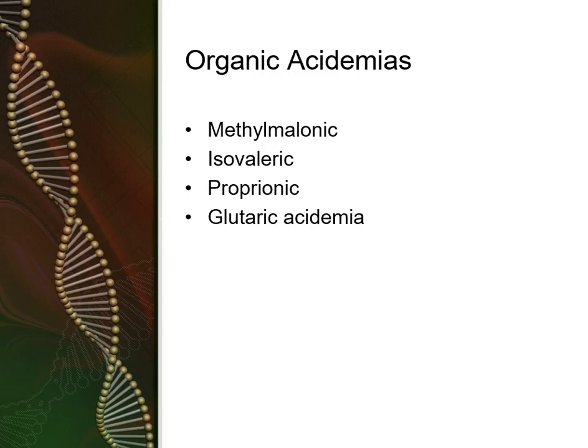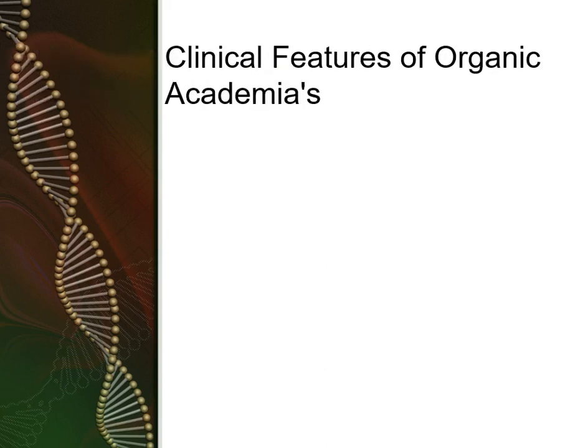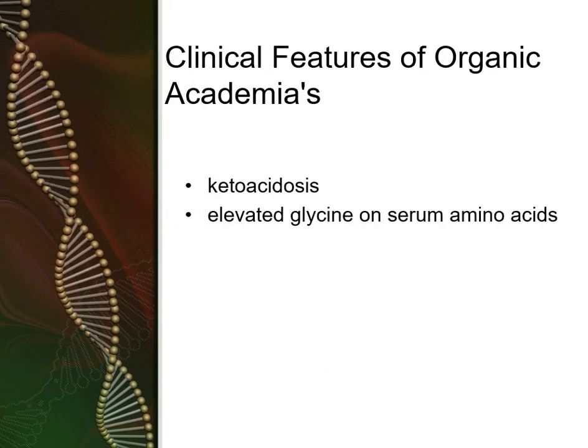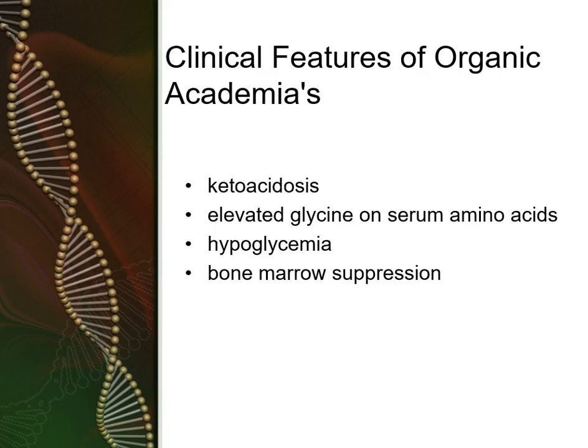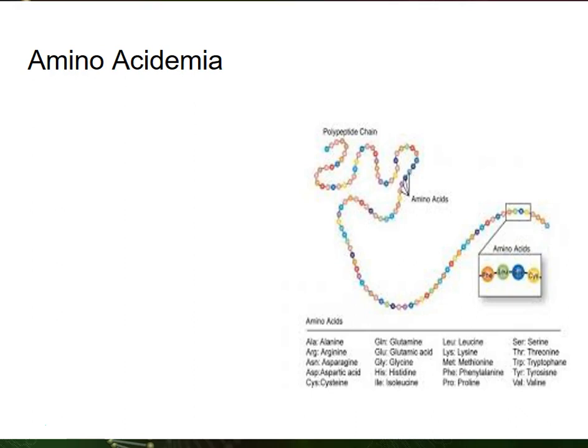It is not important to be able to differentiate one from the other. Common features include ketoacidosis, elevation of glycine on amino acids, hypoglycemia, and neutropenia or bone marrow suppression. They can also have mild hyperammonemia, which is usually due to the hypoglycemia and liver disease.